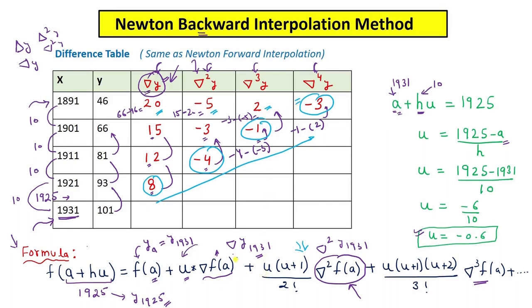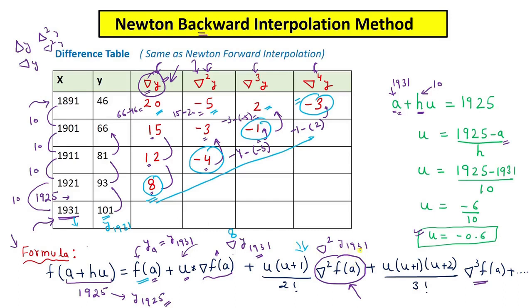Here we have written f of a, so f of a is simply y of 1931, that is the function value at 1931, right? Now del of y of 1931 is this value, which is 8.